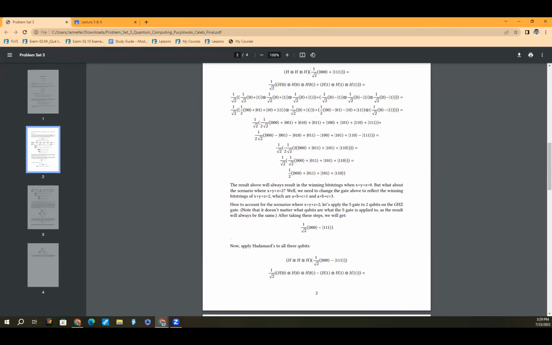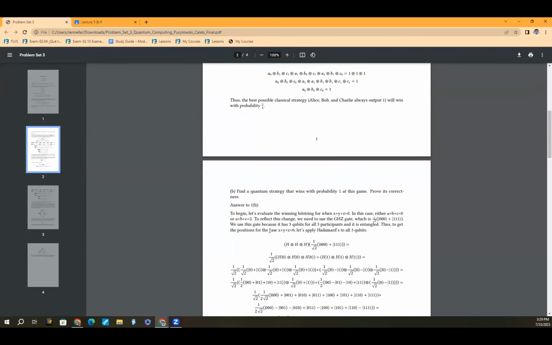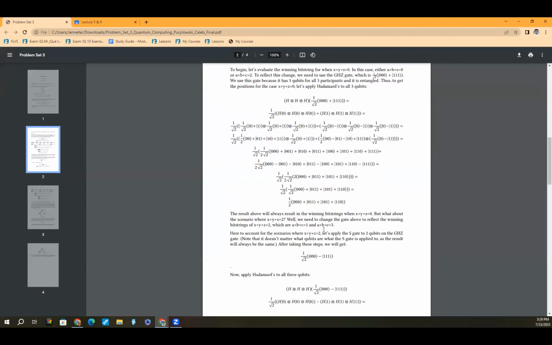I will say the ABC equals 1 plus ABC equals 3. So those are the outputs that the players give.